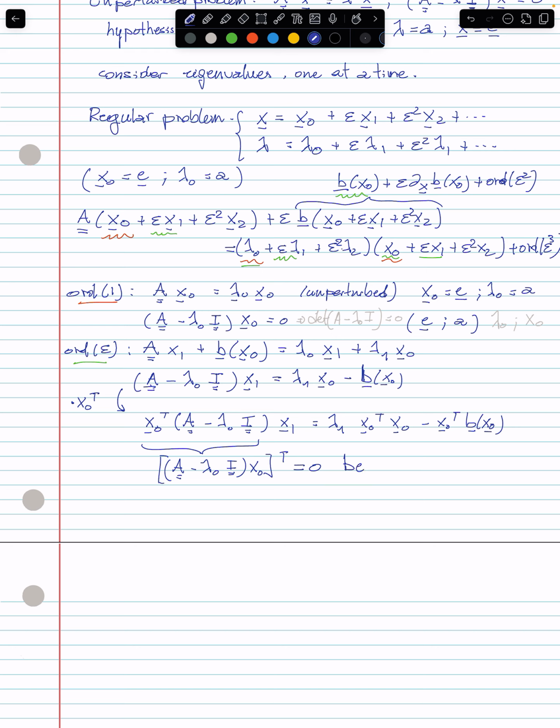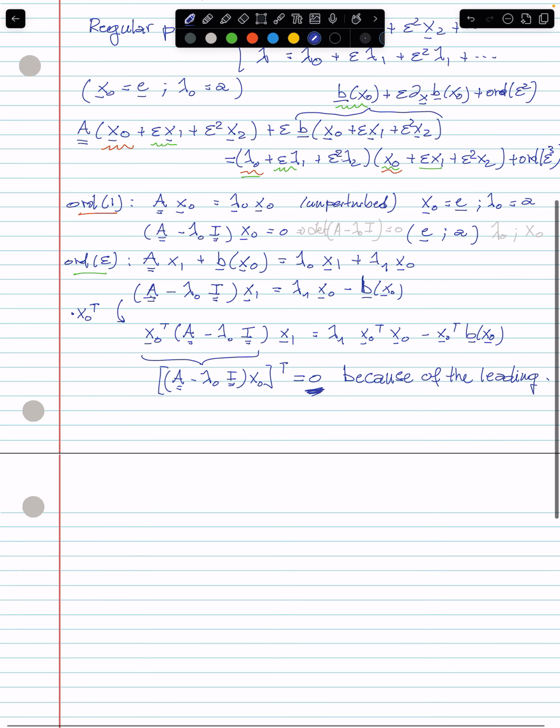I'm just translating that x0 is an eigenvector, and so I'm projecting the second set of equations along that eigenvector. What I'm going to say is that the right-hand side has no component along x0, because of the definition of x0.